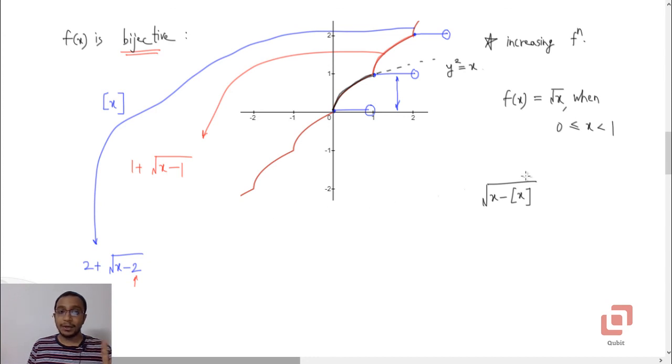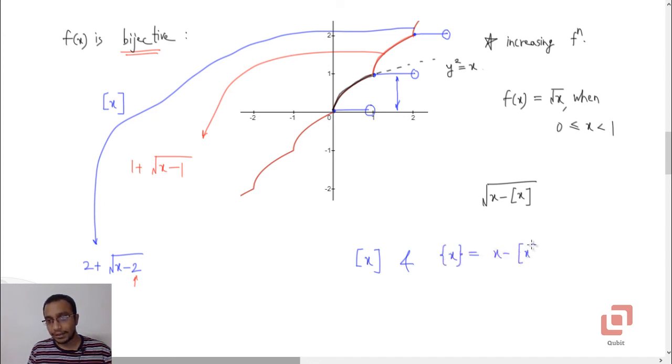Although the original two functions, that is the box x function or the greatest integer function, and the fractional part function, are not bijective functions, here is an example where although the individual two functions are not bijective, their composition, you can say now, is bijective.